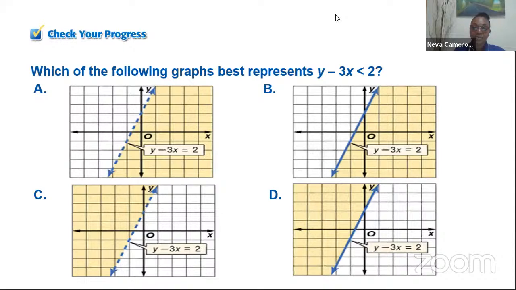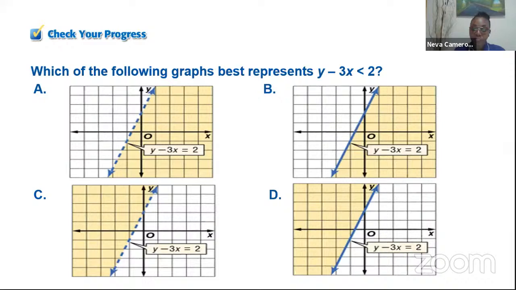Now we're testing what we would have shared before. So which of the options A, B, C, or D best describes y take 3x less than 2?